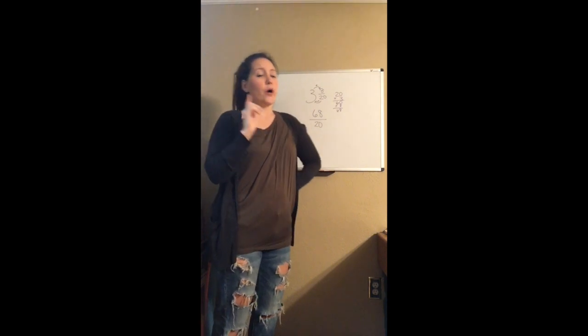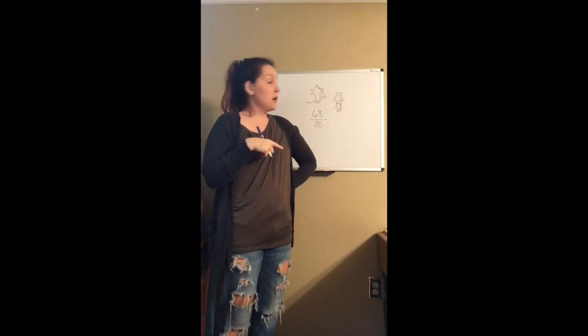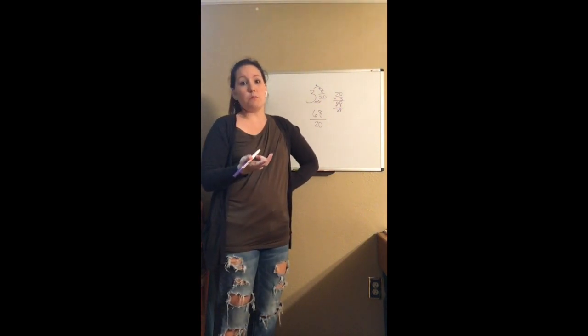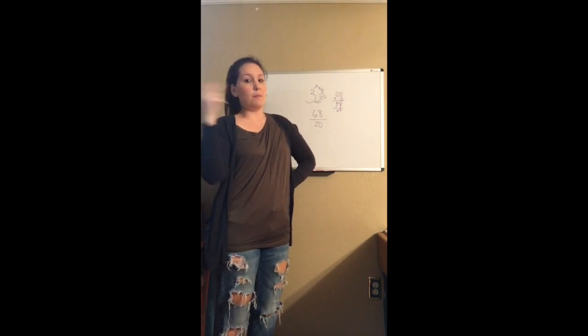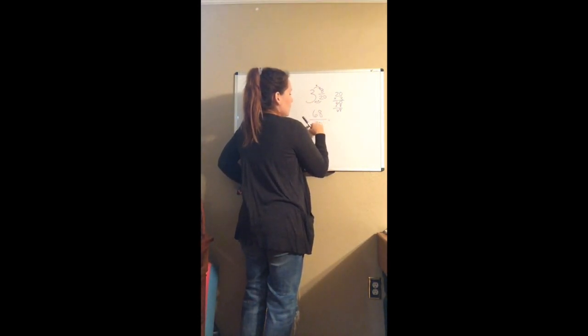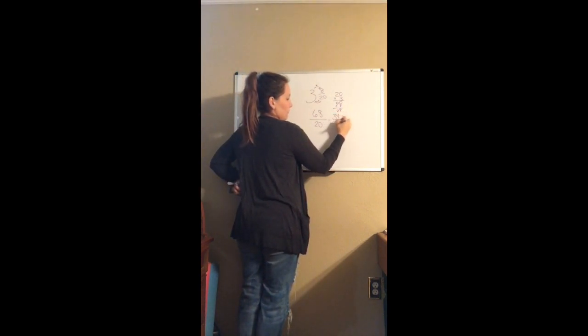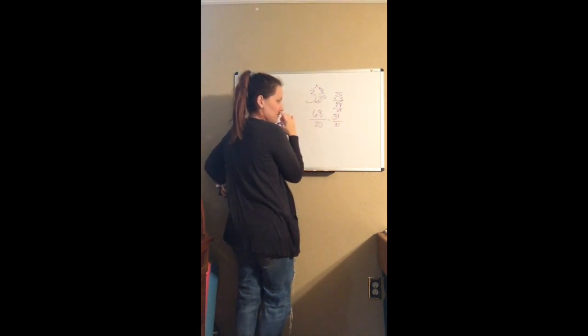Looking at these two numbers, I already know right off the bat that they can both be divided by 2. It could be that there's something bigger that those two can be divided by, but I'm going to start out with 2 because I know for sure 2 goes into each of them. So 2 goes into 68 34 times and into 20 10 times.